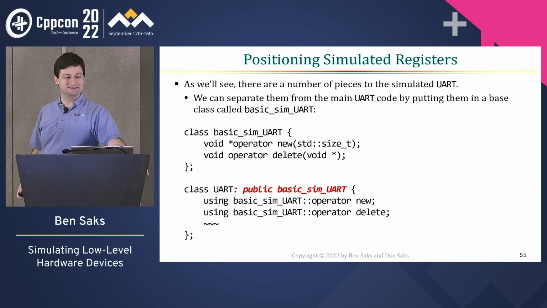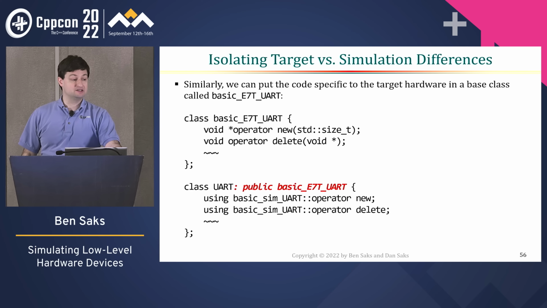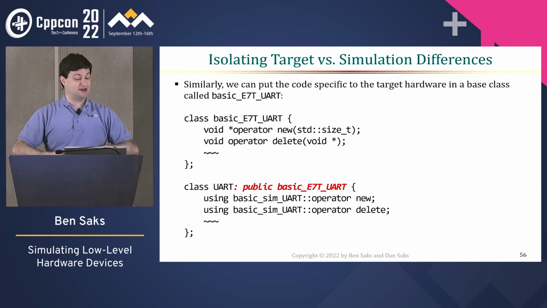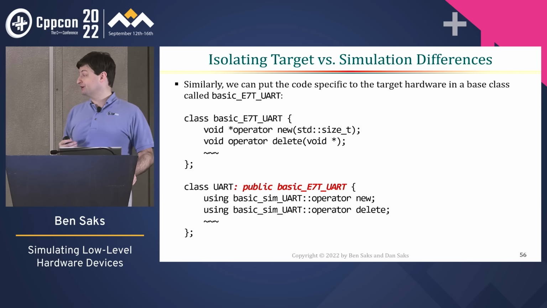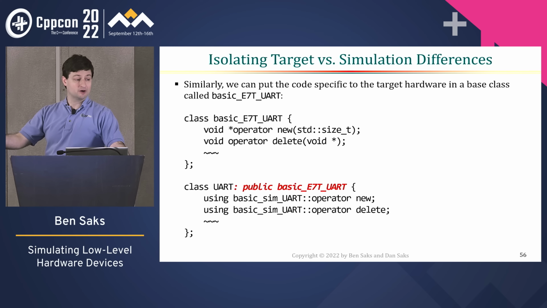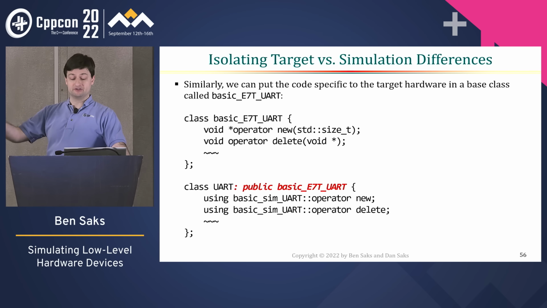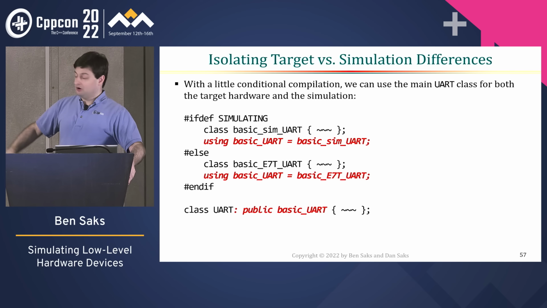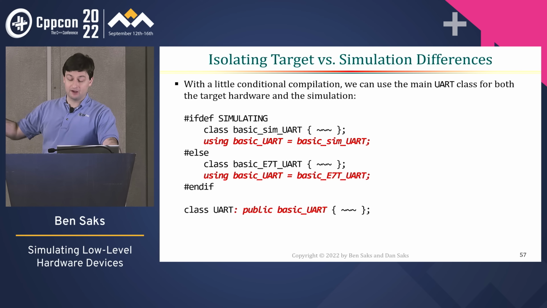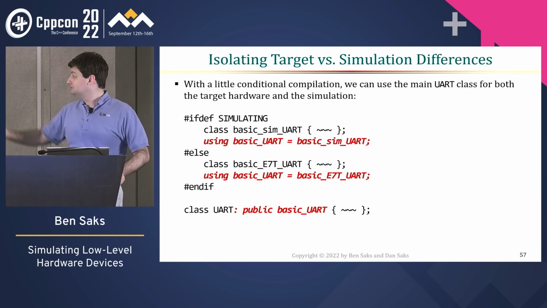So as long as we're doing that, probably makes sense to do the same kind of thing for the code that's specific to the actual target hardware. So I've created a basic E7T UART that defines its own versions of those functions. And on the target hardware, my UART type will derive from that kind of basic UART and make use of those functions. So altogether, with a little conditional compilation here, the code winds up looking something like this.